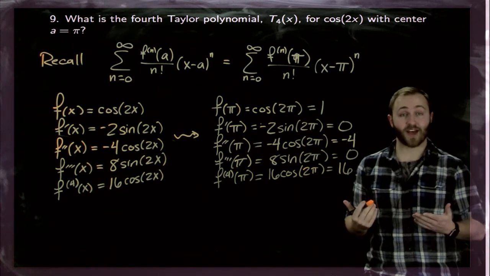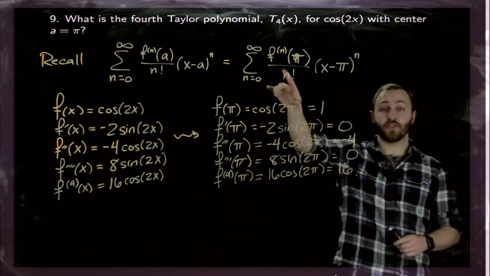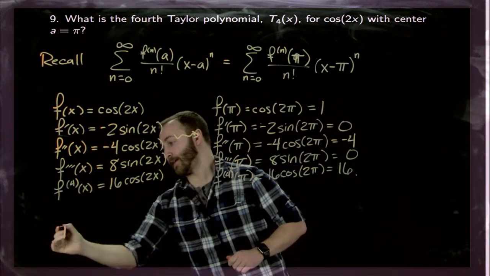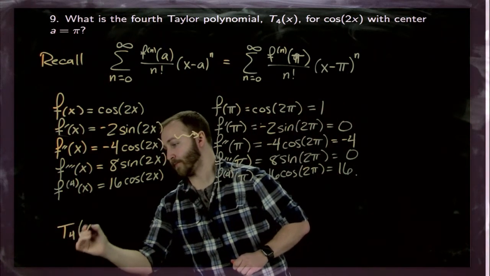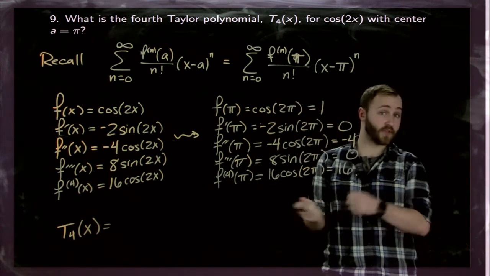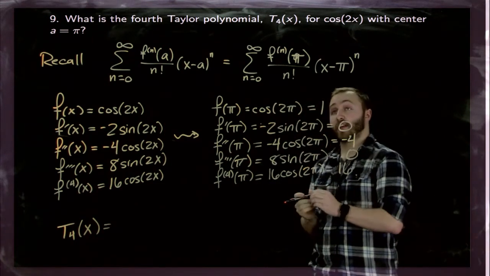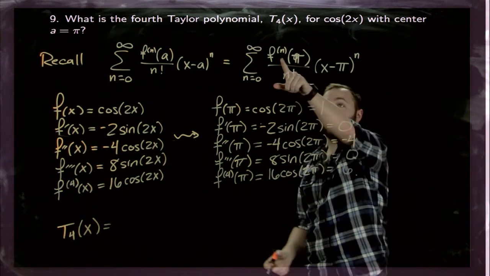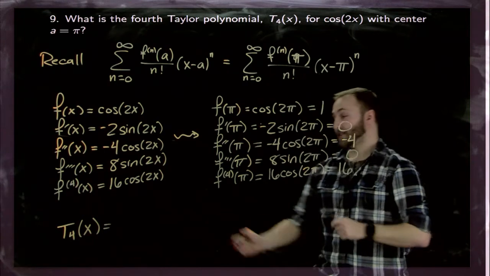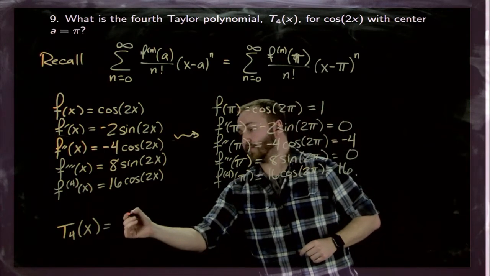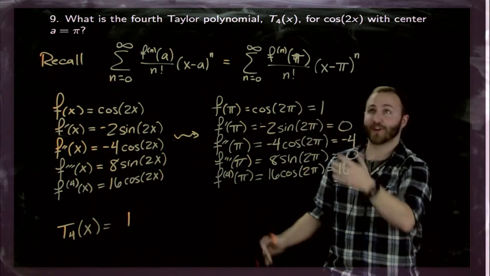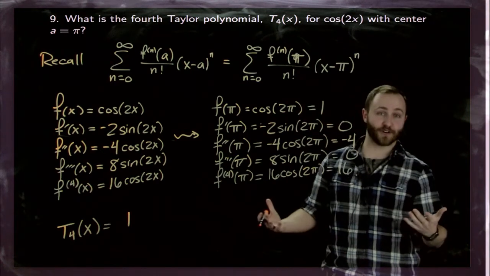Okay, so now we have everything we need to write down the fourth Taylor polynomial of our function. So like we said, we need to write down the n equals 0 through the n equals 4th term. If we write down the n equals 0 term, we get the 0th derivative of f at pi, which is just f of pi, which we found to be 1, divided by 0 factorial, which is just 1, times x minus pi to the 0, which is also just 1.